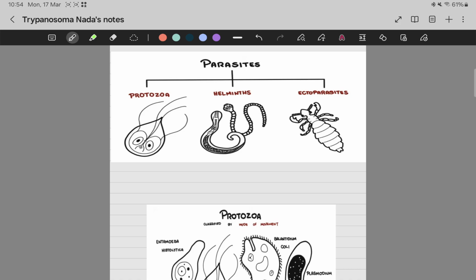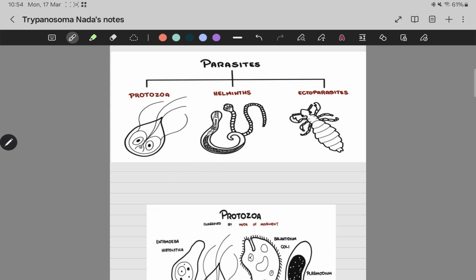So simply, a parasite is an organism that lives over or inside a host, but the host is unhappy, while the parasite is feeling really good about it. That's why it's called parasitism: a relation where one of the two organisms is harmed and the other benefits.